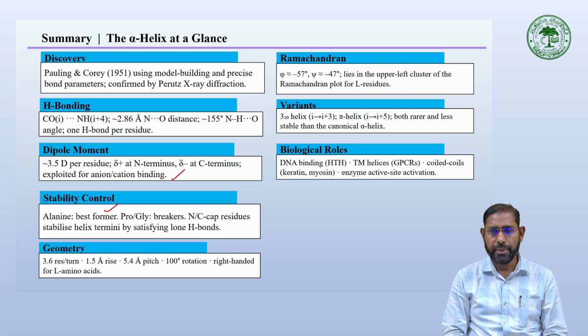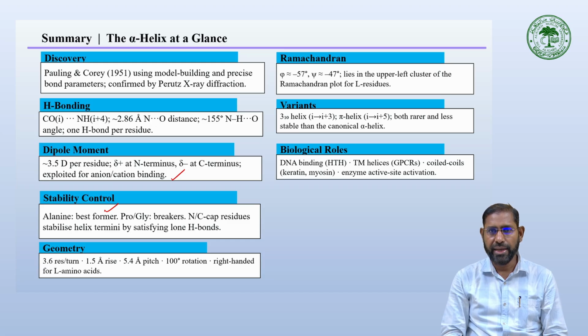Then I discussed the Ramachandran plot, providing the rotations and the exact positions of different helices and also favorable conditions, like phi minus 57 degrees and psi minus 47 degrees being the most suitable, lying in the upper left cluster of the Ramachandran plot of L residues for alpha helix.